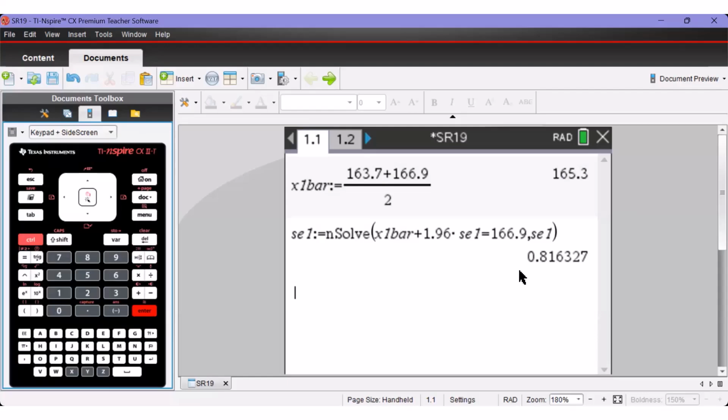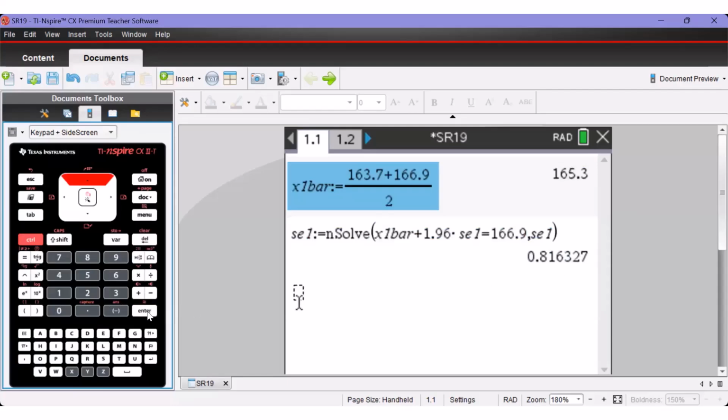So the other class, the sample mean, let's call it x2 bar, is equal to 167.8 plus 172.4 divided by 2. Now what we can do is go up to our first entry and edit it.